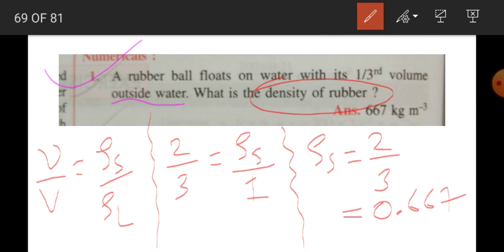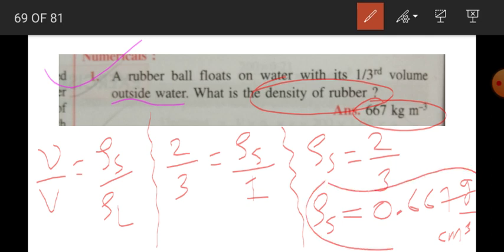The 6 will recur, but I can write it in the form of 0.667. Okay, the unit will be gram per centimeter cube, CGS system. If you multiply this number by 1000 it will be converted into SI system, so no need to do that. This answer is valid. So 0.667 is my answer.